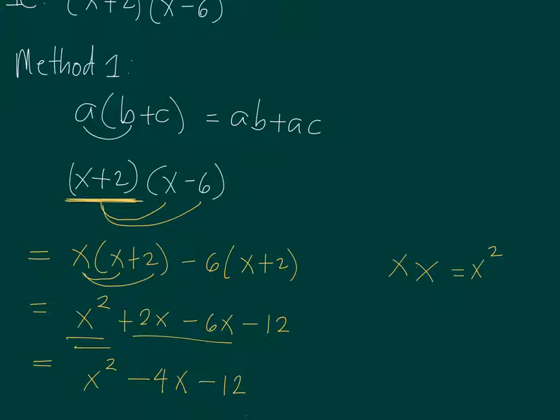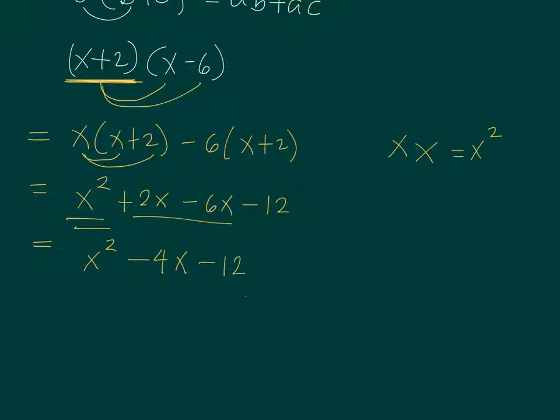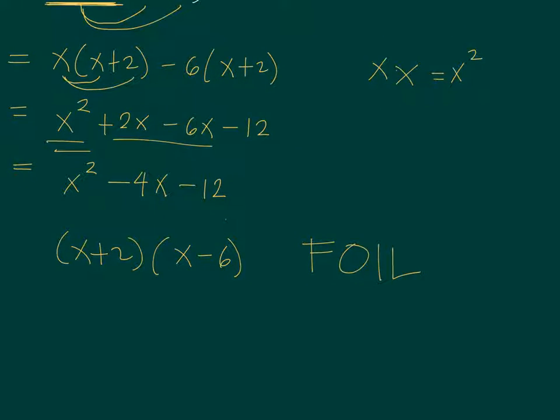What is an alternative way of expanding this? Most textbooks will show you a solution following a method called the FOIL method. The FOIL method is the order of the steps that you perform when multiplying the terms.